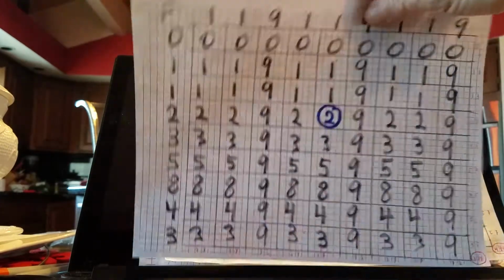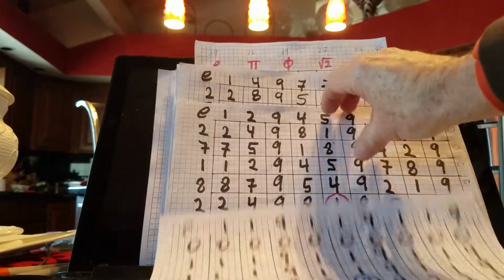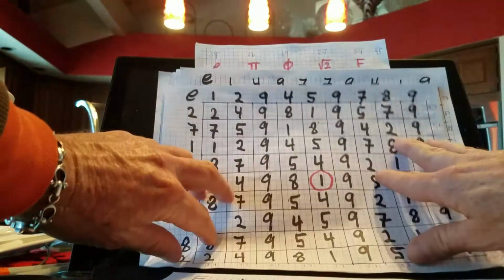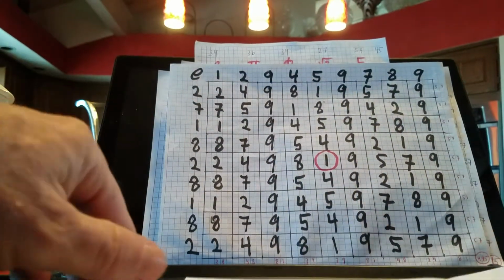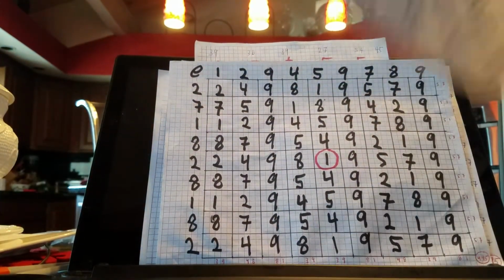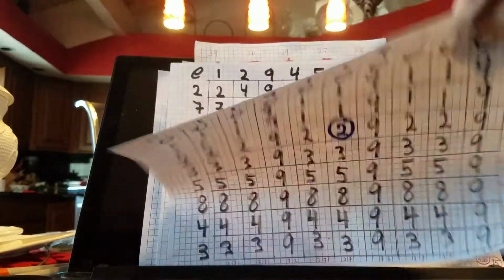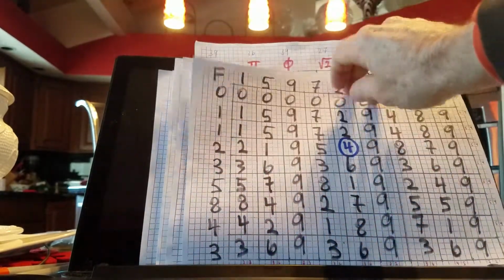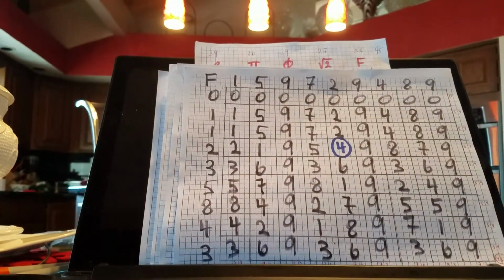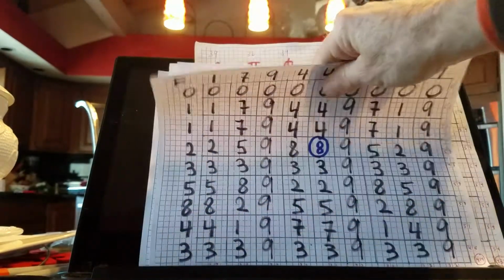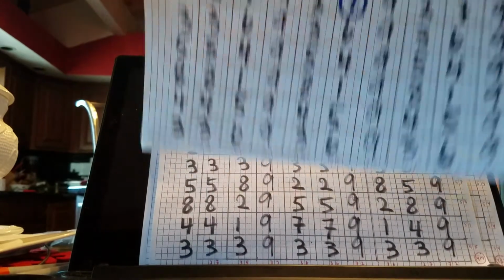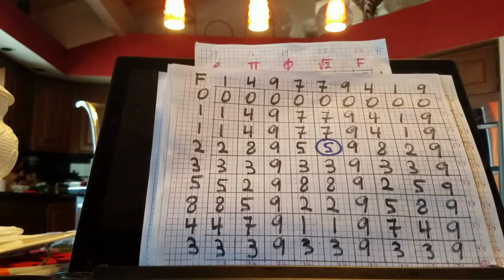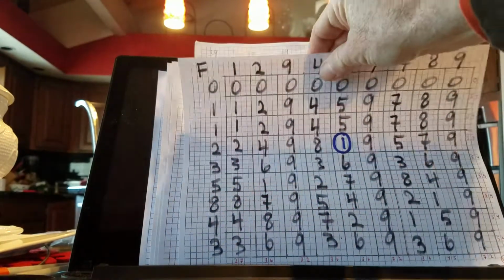Now we'll just look at the Fibonacci numbers and see what happens with them. Okay, so the Fibonacci numbers are going to go 2, 4, 8, 7, 5, 1.